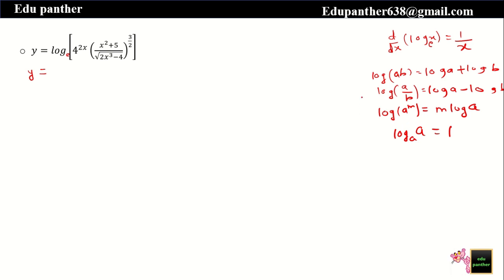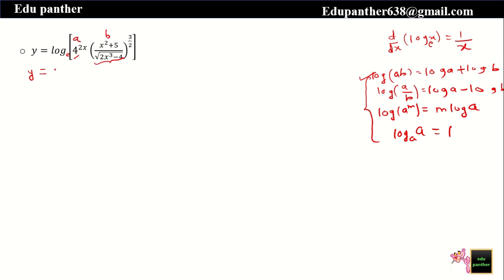Using these properties, first we'll simplify this expression, and then we'll try to differentiate it. First we have to see which property we have to apply: first, second, third or fourth. Since we can see it is a product of two terms, this is your first term and this is your second term, first we'll use the property log of a into b, which is log a plus log b. So this is your term a and this is b.